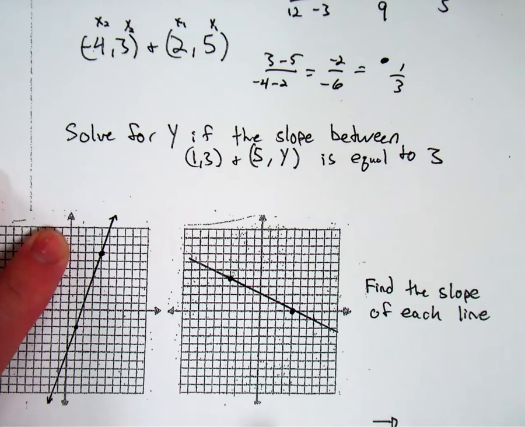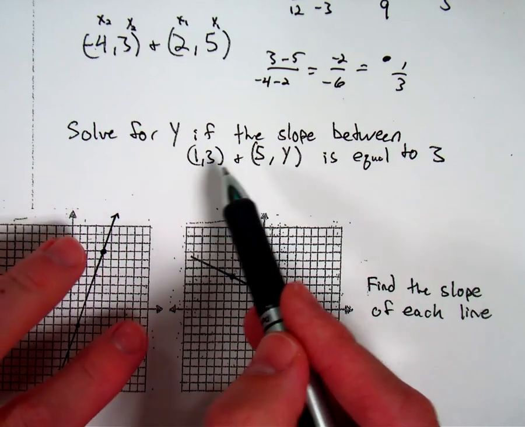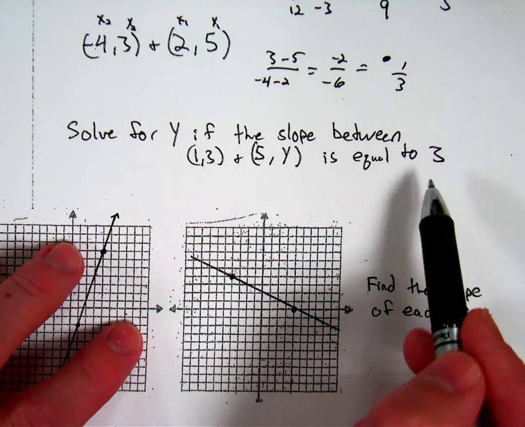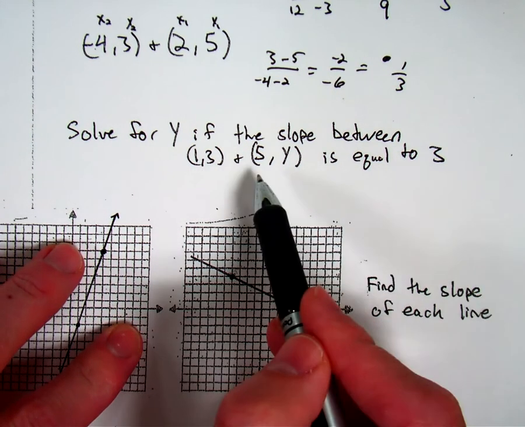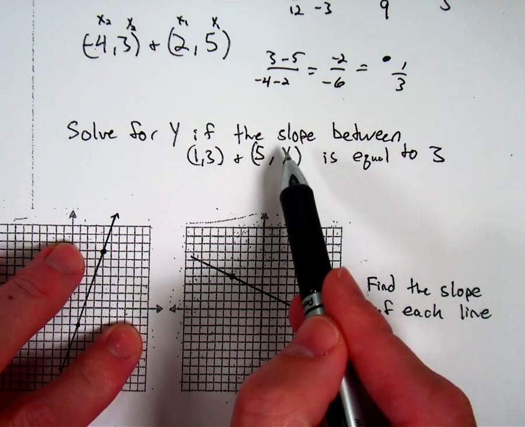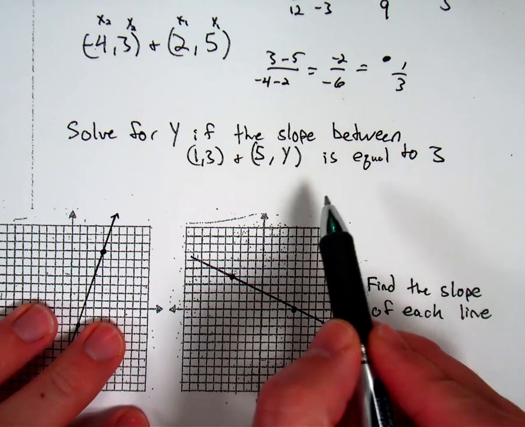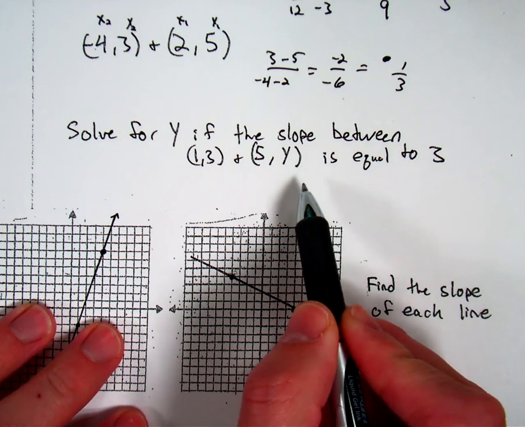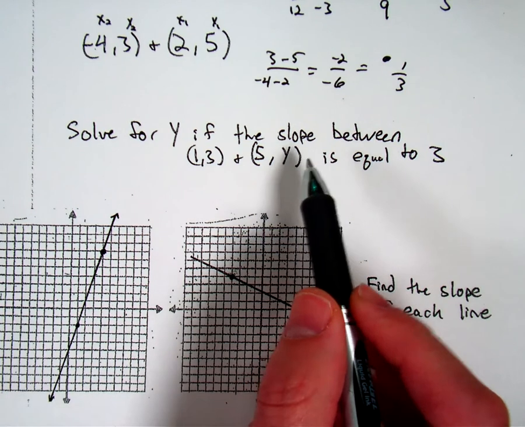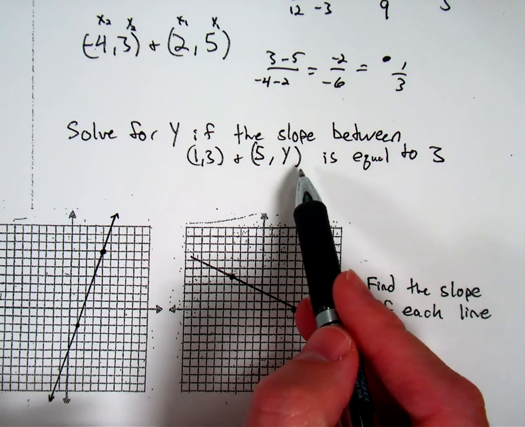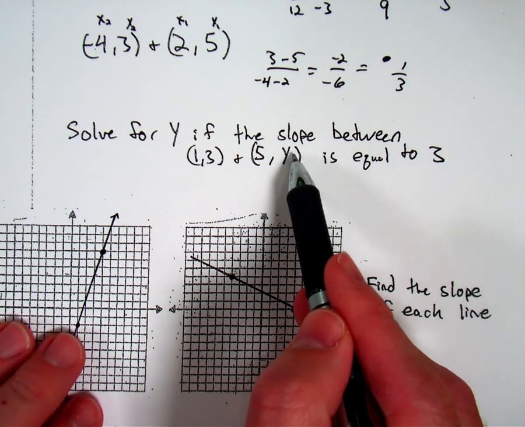Here's a bit of a thinking problem. They're going to give you 1 point and half of the other point, and they're going to tell you the slope, and you have to come up with what the missing point was. So this is going to come out a little bit cleaner if this one's in front.